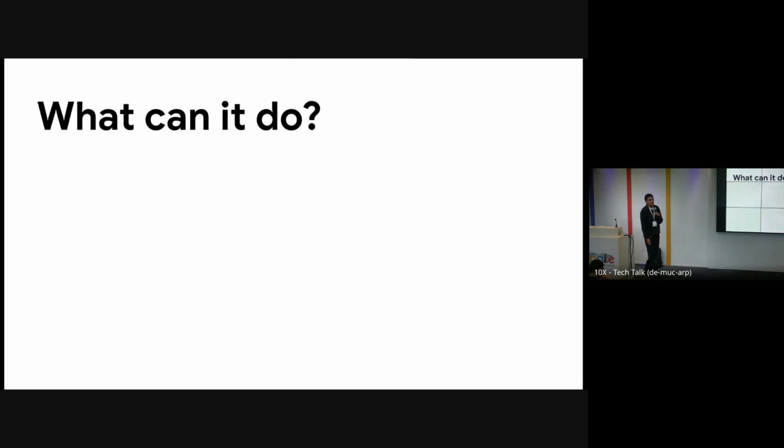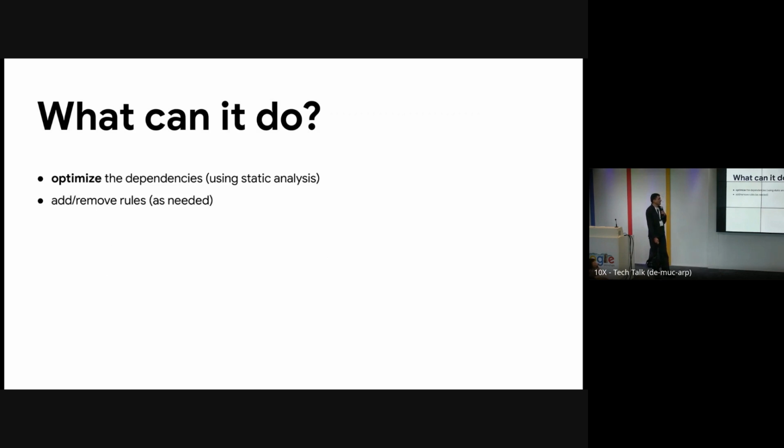So what are the things which build file automation can do? It can optimize the dependencies via static analysis. That's the easy part. It can add and remove rules as needed, because it can also recognize rules which are no longer needed. It can add new build files, which is a nice way of making sure that your packages don't grow very large. It can help refactor rules.